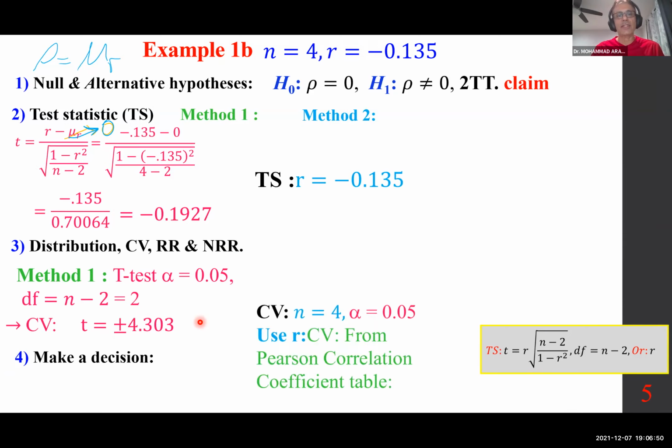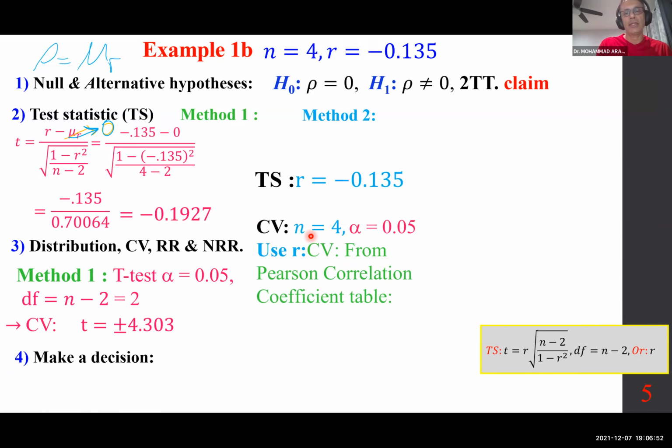And if we go with the second method, n is 4, alpha is 0.05, and we use r, the critical value from the Pearson correlation coefficient table. You do have that table in the Canvas, and it's one of the last tables. From there, r becomes plus minus 0.950.